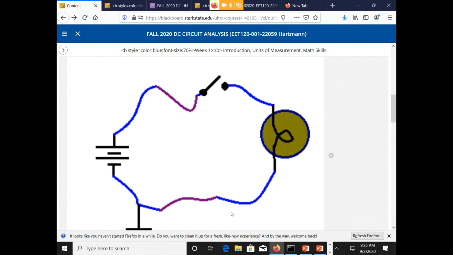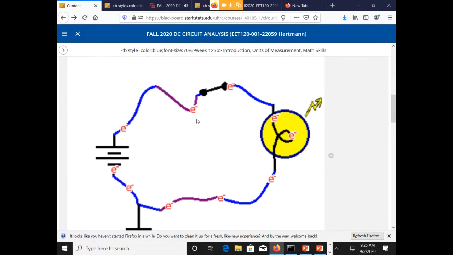We talked about how the electrons are flowing through here, and when you close the switch and get this electron flow, the electrons, as they start moving, push the electrons further away from them.